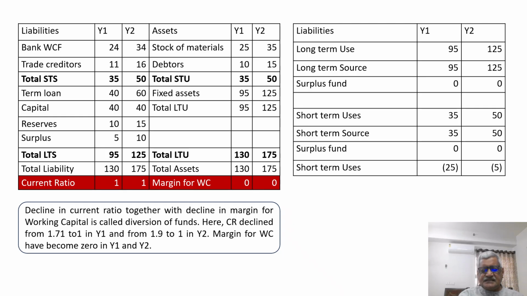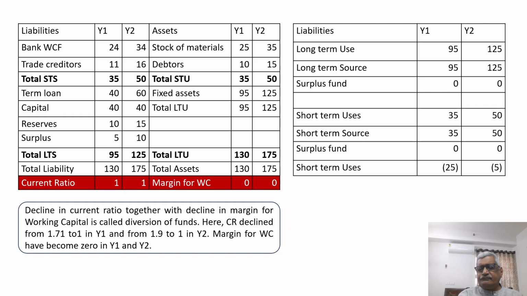Here in this example, the current ratio declined from 1.71 to 1 in Y1 and from 1.9 to 1 in Y2. Margin for working capital has become 0 in Y1 and Y2. This means there is a diversion of short-term sources for long-term uses.